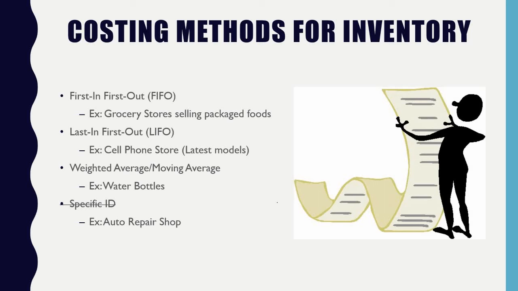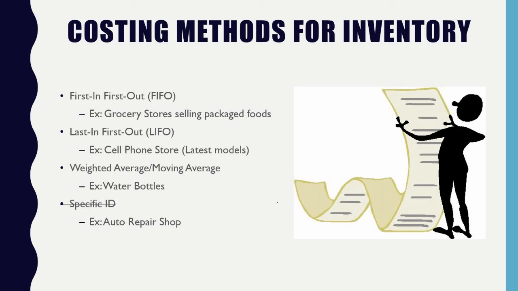You're going to take the grand number of how many items you have and divide it by the total cost, which gives you an average per unit. So this one is for things that are necessities, and you don't care about charging either a higher or a lower price. Everything's just constant, and you're taking the average.